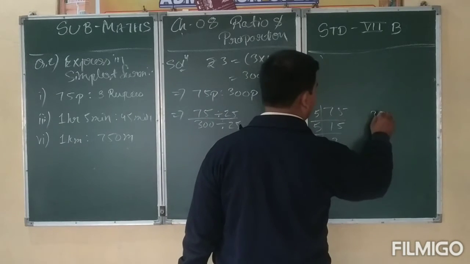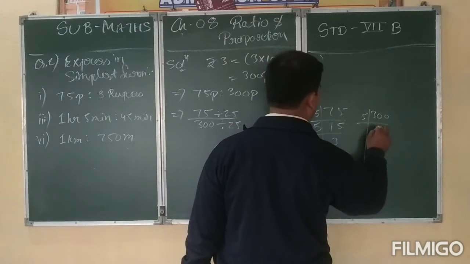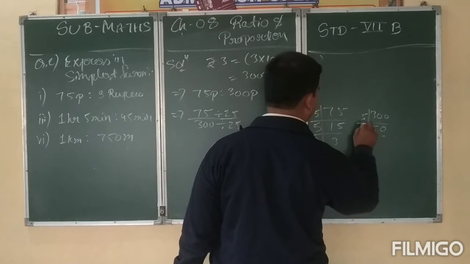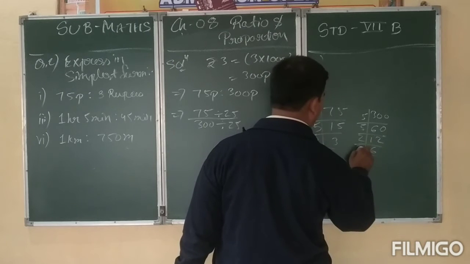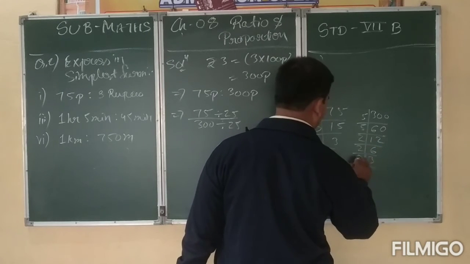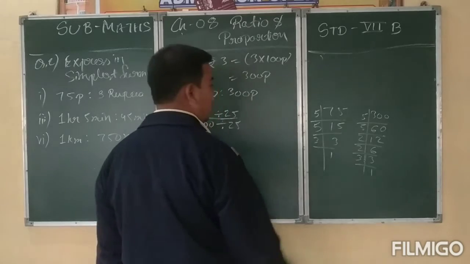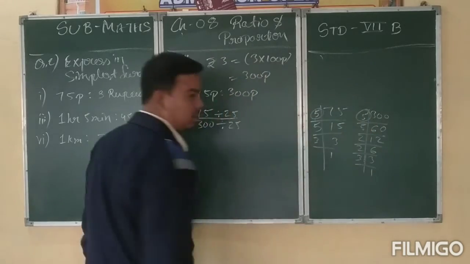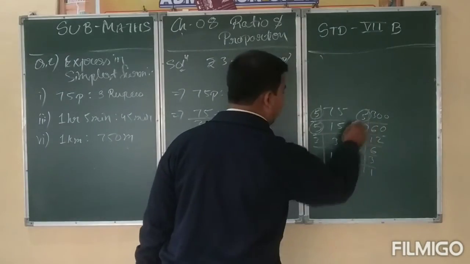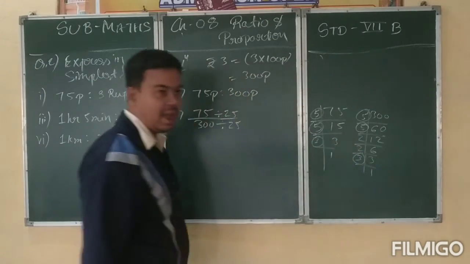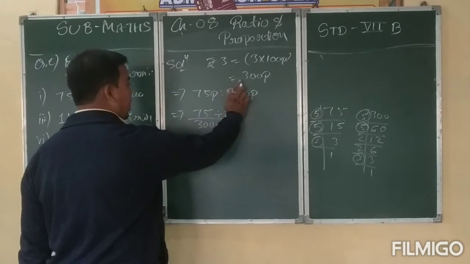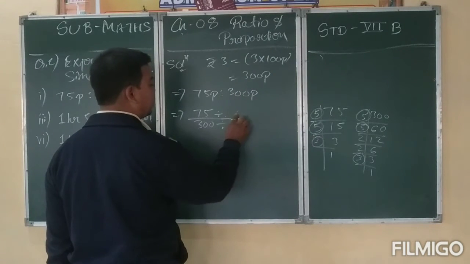Then 300: 5 5s are 25, 5 6s are 30, 0. 5 1s are 5, 5 2s are 10. 2 6s are 12, 2 3s are 6, 3 1s are 3. So 5, 5 common. 3 is common. So 5 5s are 25, 25 3s are 75.